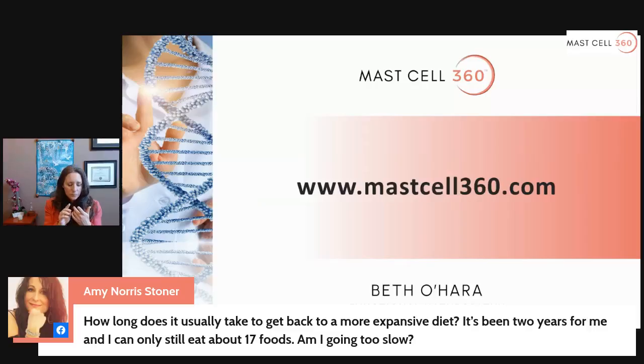Depends on if we're out of mold exposure or not. And there's been a lot of times I really thought I was out of mold exposure, and then I wasn't. And we just found a little bit more mold in our bathroom this past week. So we had to get that remediated. And, we keep chipping away at it, but it's hard. Depends on how much we've addressed trauma and addressed our nervous system.